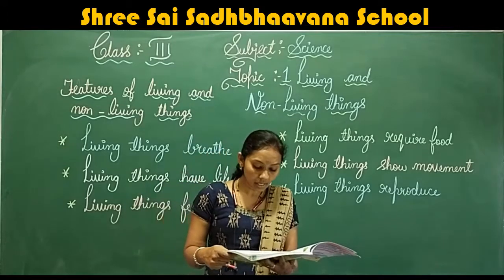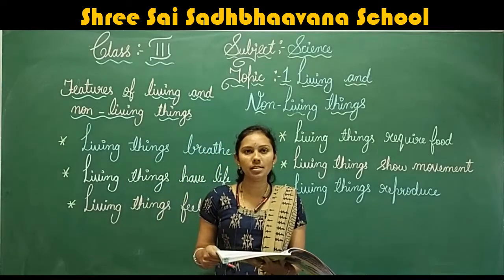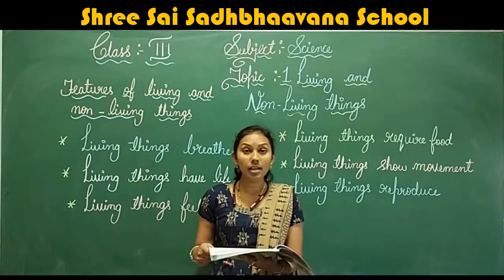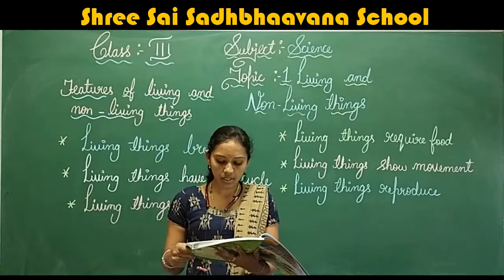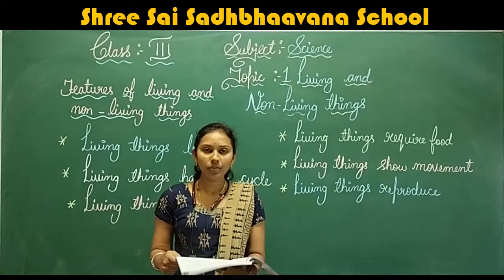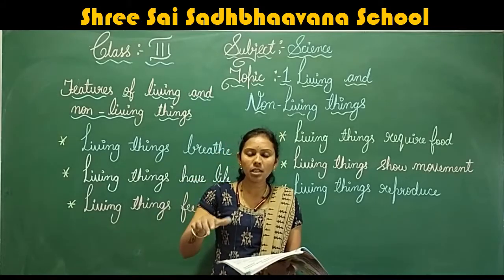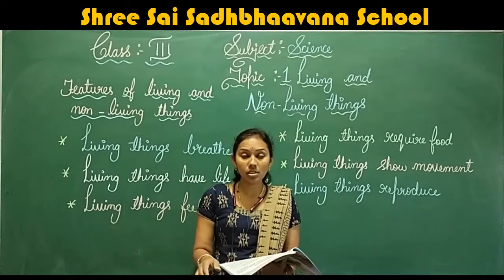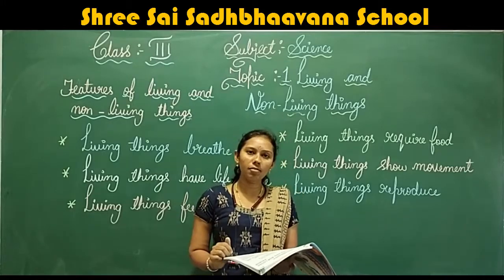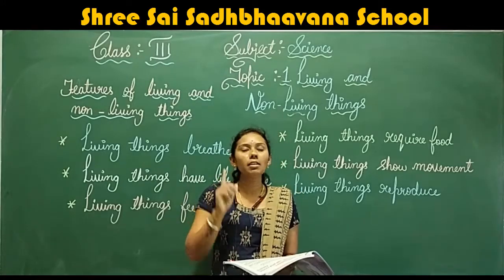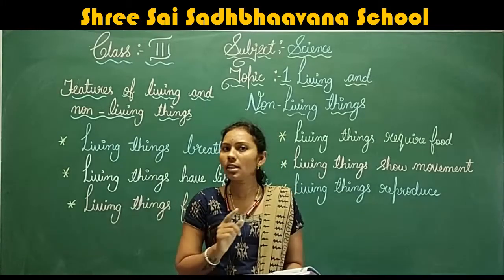Chair and table remain at their places unless somebody pushes them. Fan remains stationary unless the electric switch is switched on. So it means chair and table will remain in one place. Yes, children, till we go and push the chair or table, it will be in one place, it doesn't move. Even the fan doesn't move.